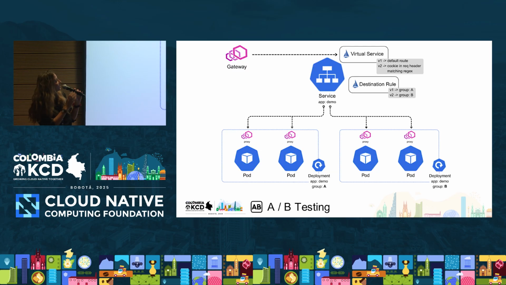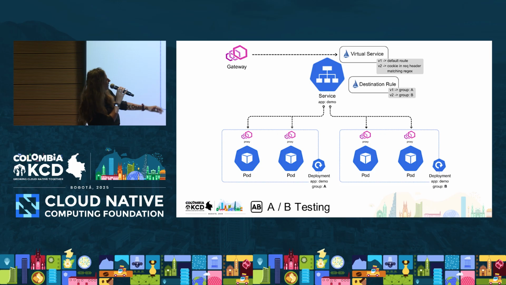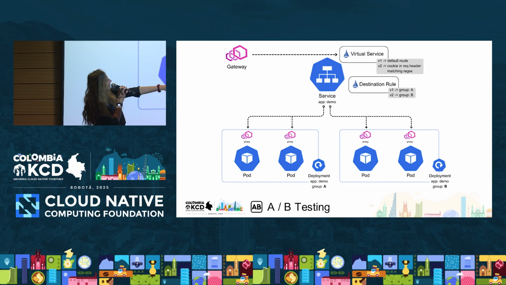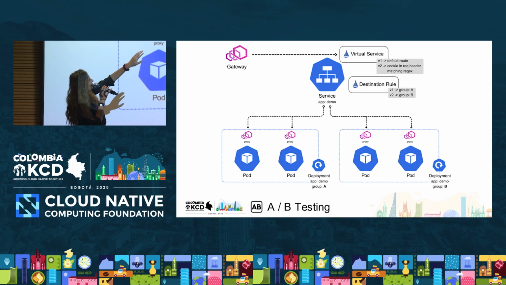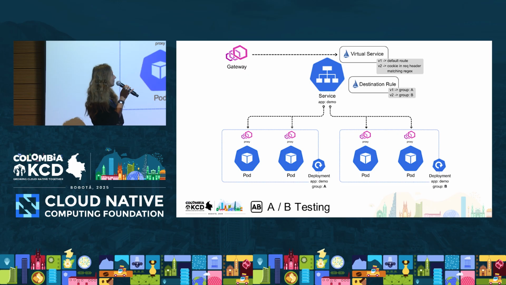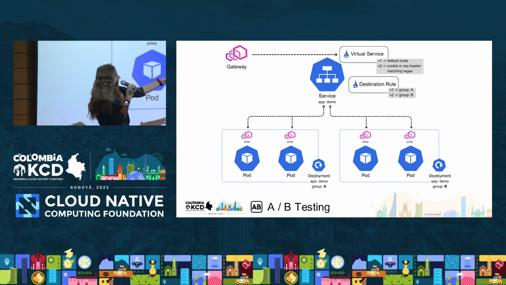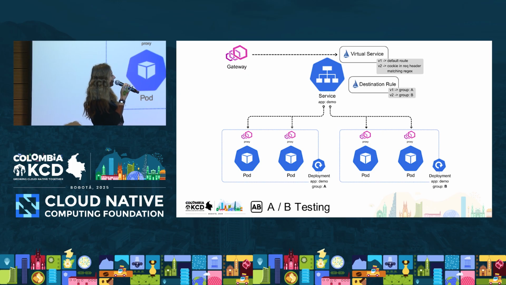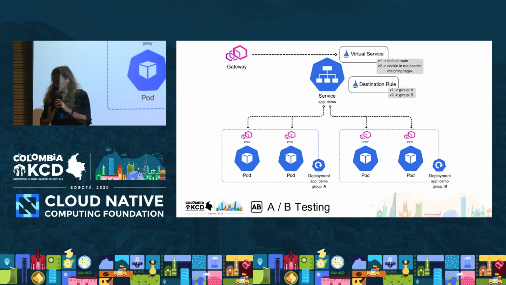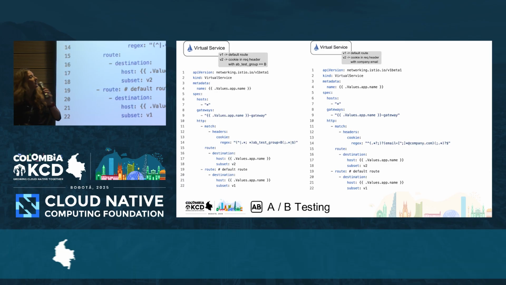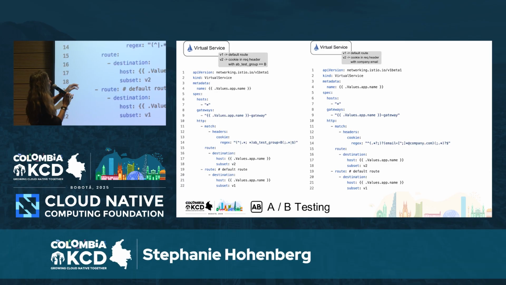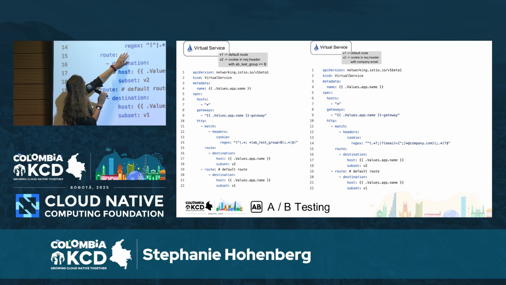Exactly, and this we do by the request properties. We can see here group A and group B, and the default route goes to group A, to the default version of our app, and depending on the cookie and the request header, we forward the different traffic to group B. You can see this in the code here, where we have the regex.